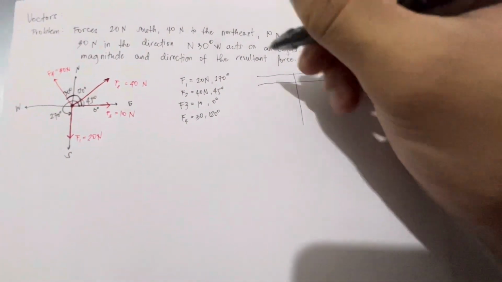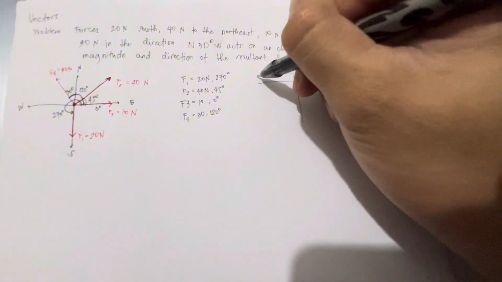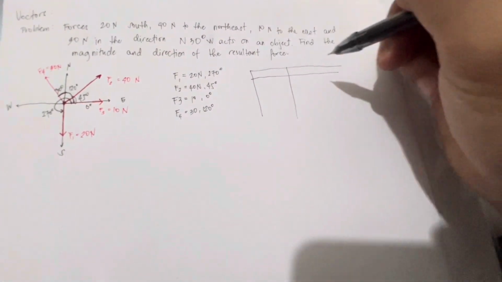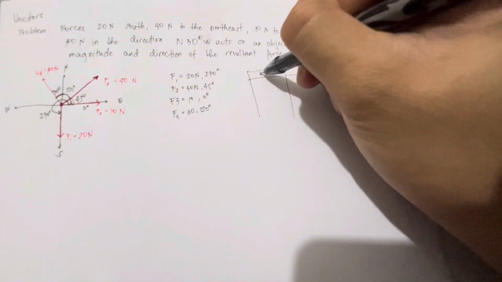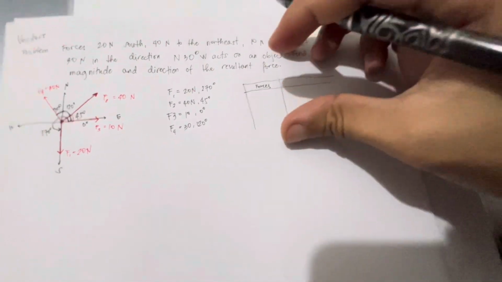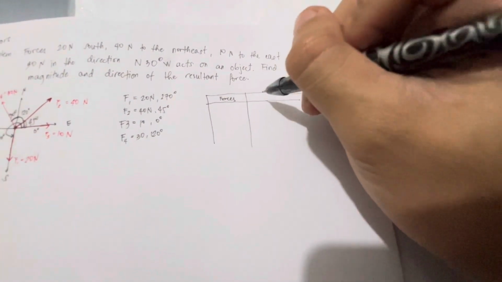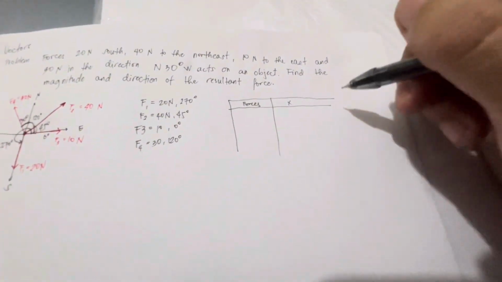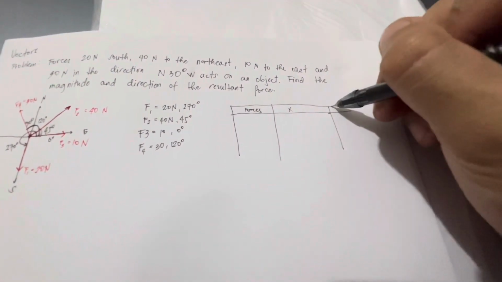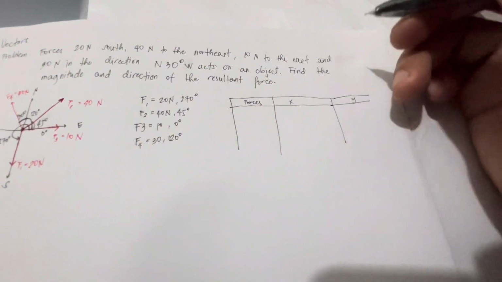So if this is our table, kini siya is ang forces, tapos kini siya ang x, and then tapad is ang iyahang y component.